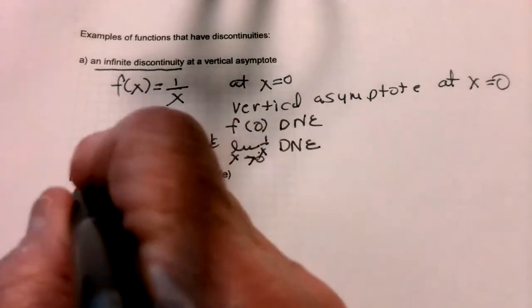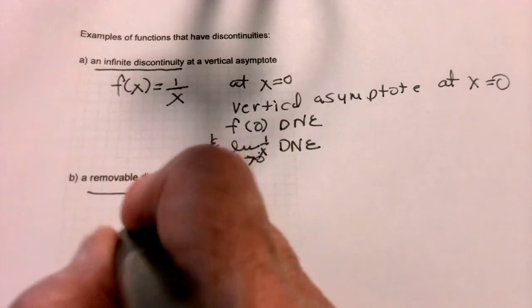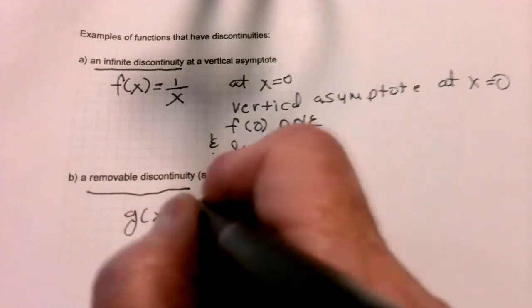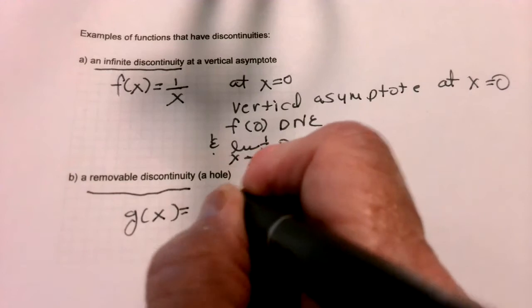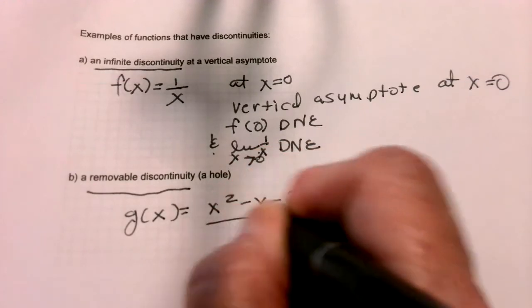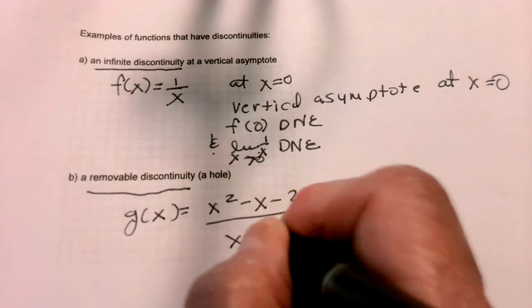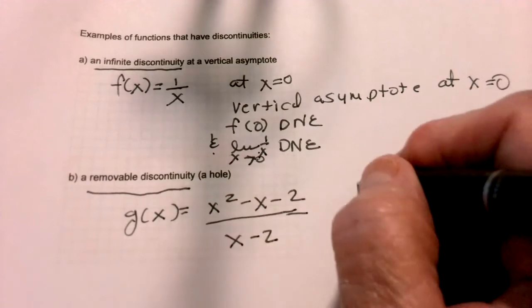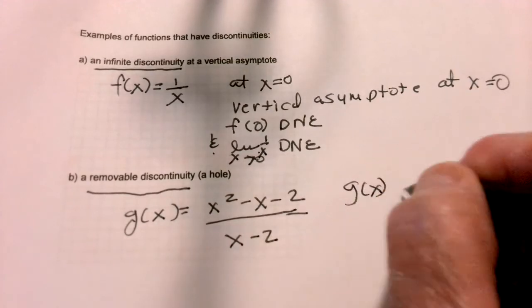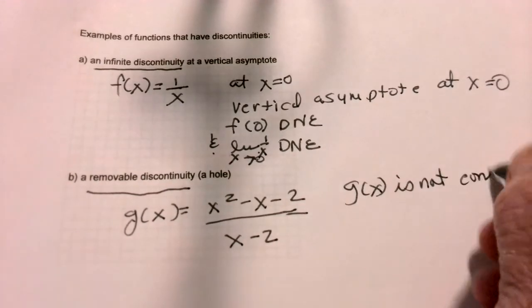Now, a removable discontinuity is when you have a hole. So for example, let's say we have this function. And it's called a removable discontinuity. Okay, so we know this function is not continuous when the denominator is 0.